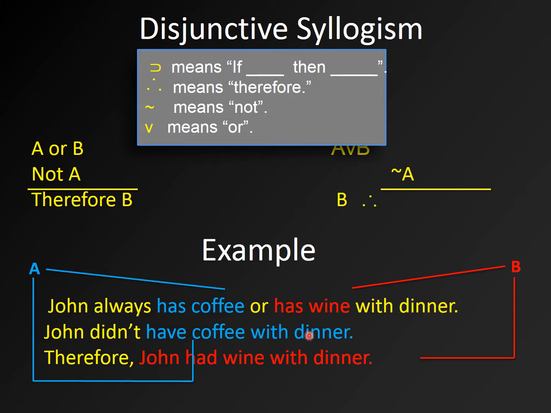John didn't have coffee with dinner, therefore John had wine with dinner. Since we know either A or B is true, and we know A is not true, that only leaves B to be true. And again, it doesn't matter what is being put in these blanks, it's a valid form.